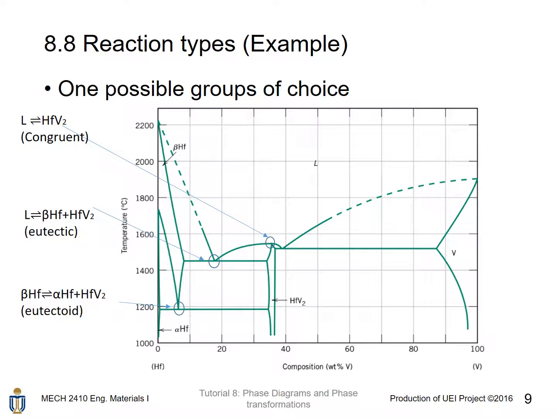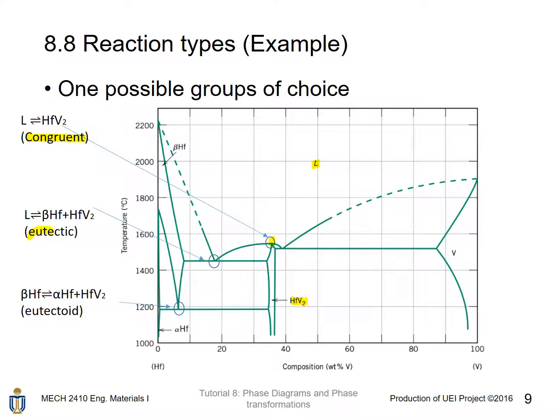The congruent transformation is at this point, because just above this point it is 100% liquid state, but just below this point it is 100% hafnium vanadium 2, which is a congruent transformation by definition.